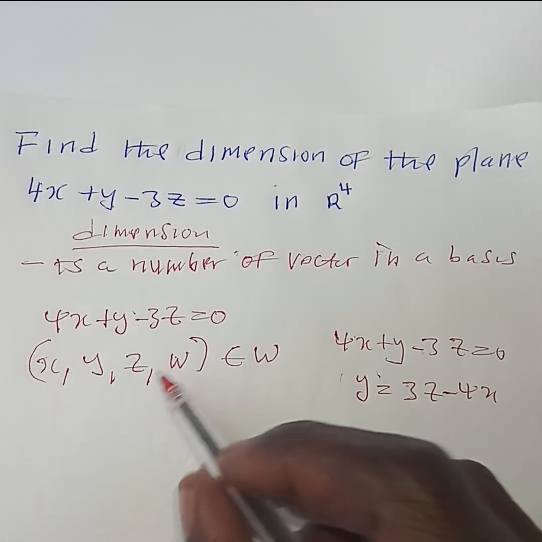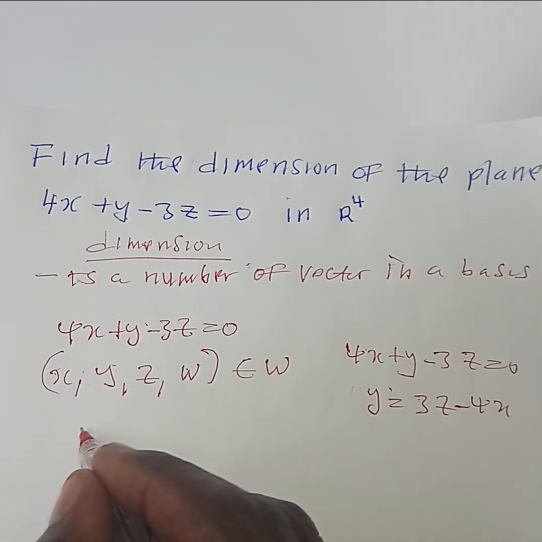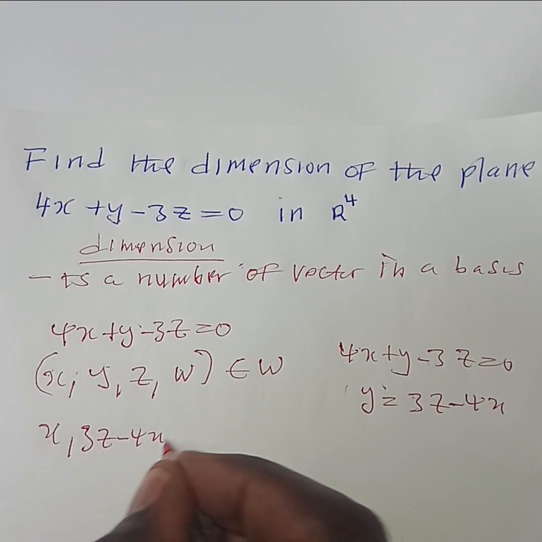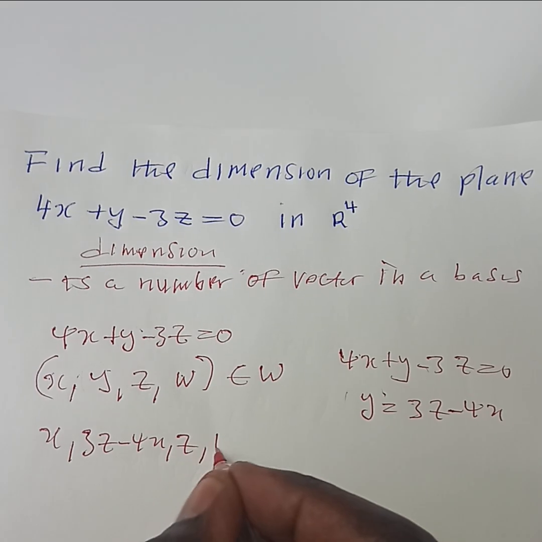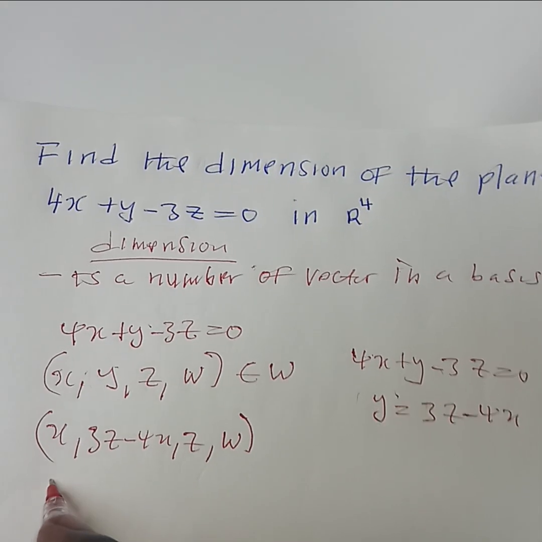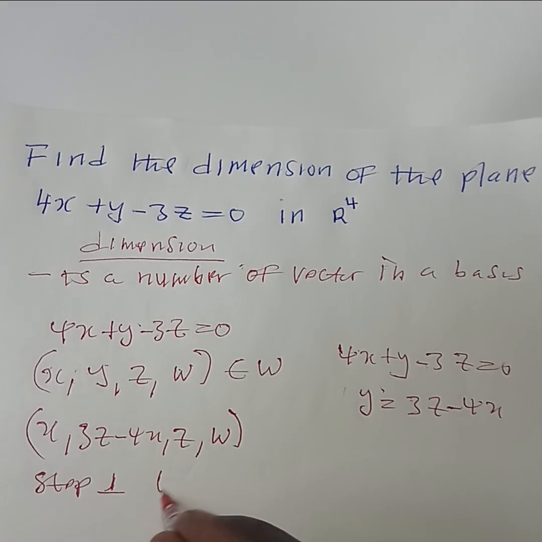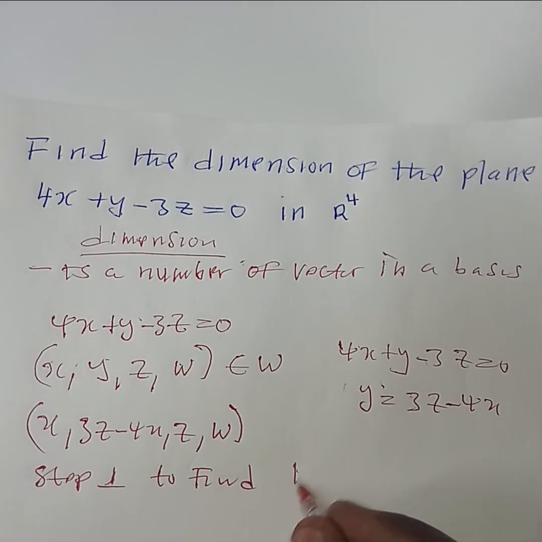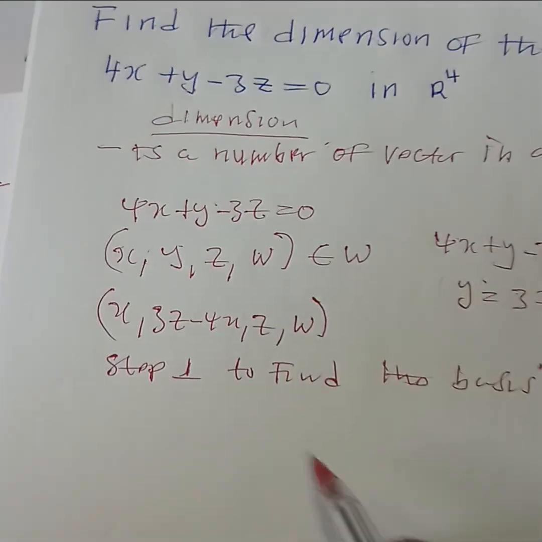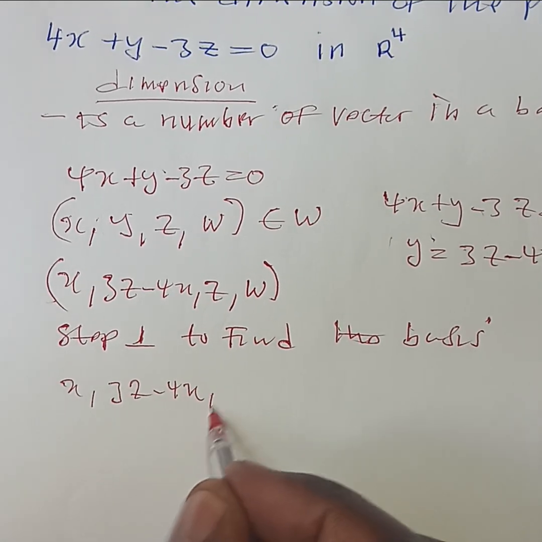So we replace y with 3z minus 4x, giving x, 3z minus 4x, z, w. The first step is to find the bases.